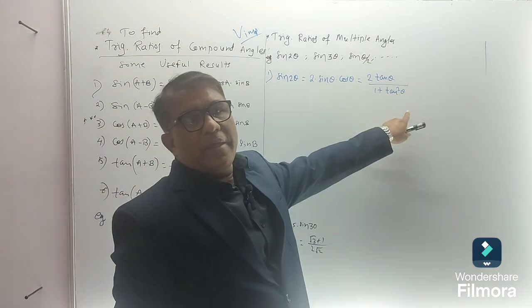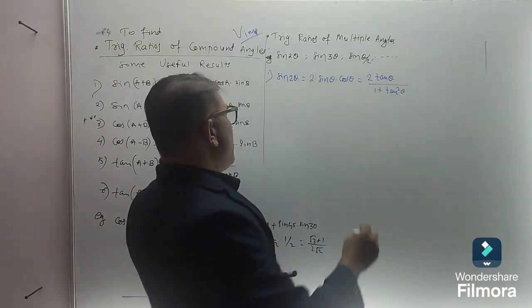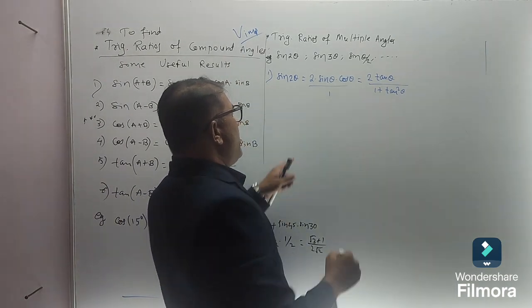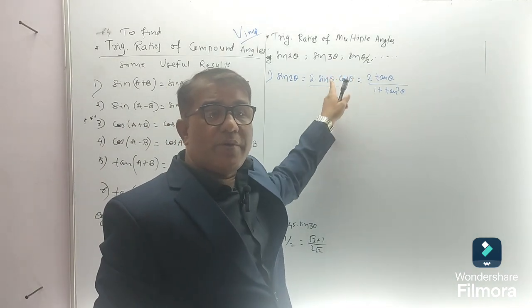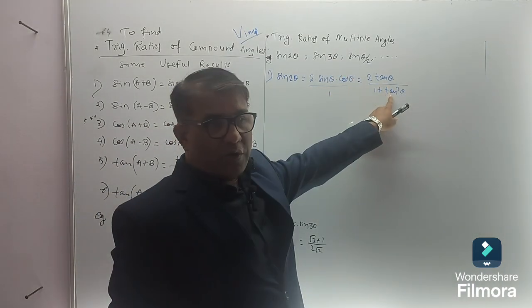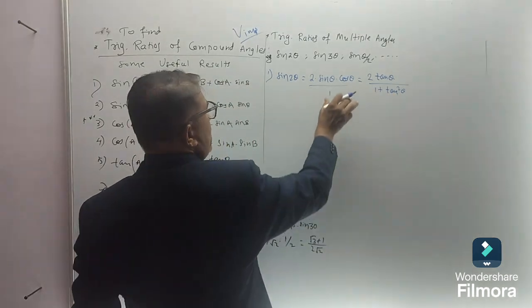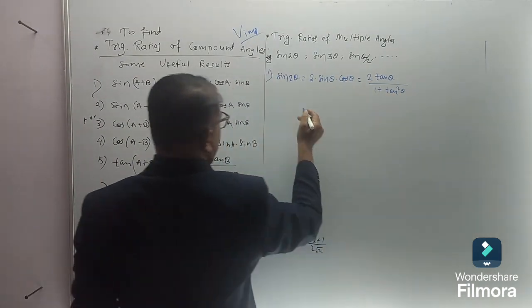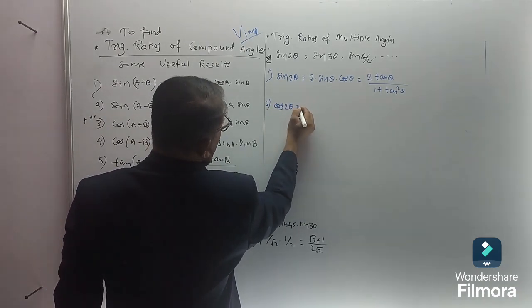It can be formed by writing 1 as cos square theta plus sin square theta. If I divide numerator and denominator by cos square theta, we get this formula, 2 tan theta upon 1 plus tan square theta. We can do this for homework. Yes. Similarly, cos 2 theta.